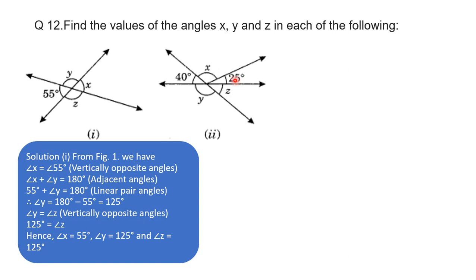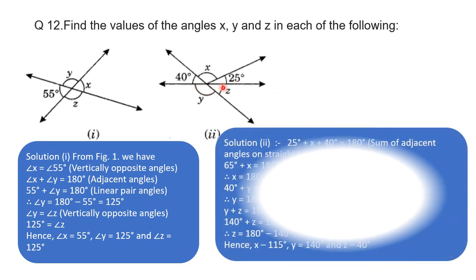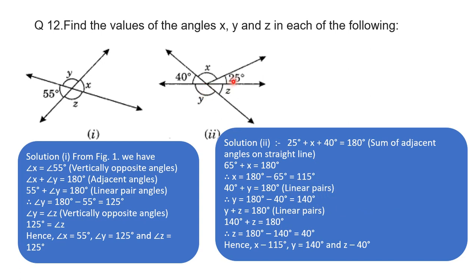Now observe the second figure. We have this one, 25 degree plus x plus 40 degree. This is a straight line. So we can say the straight angle is 180 degree, that is 40 plus x plus 25 is equal to 180 degree, the sum of adjacent angles on a straight line.